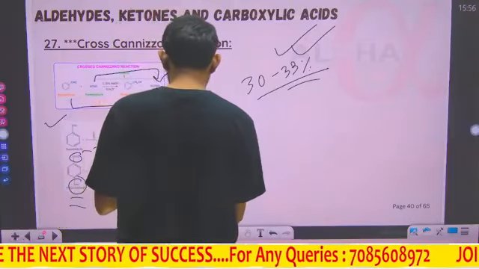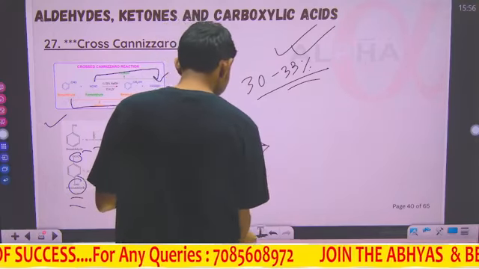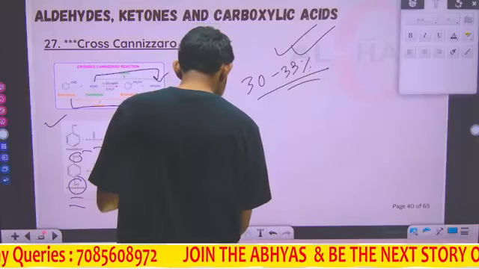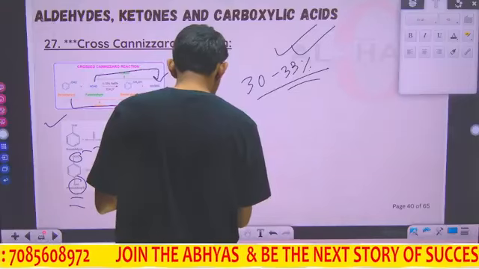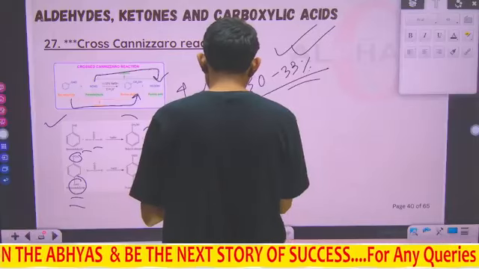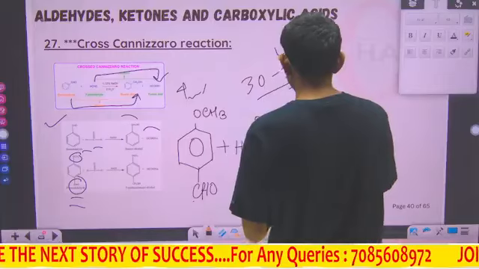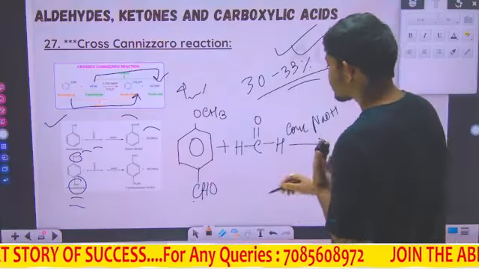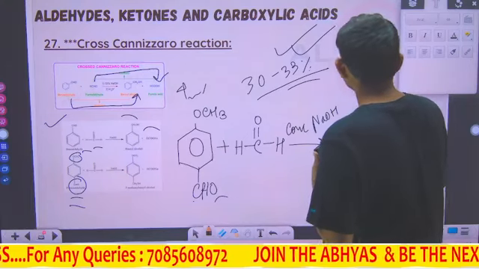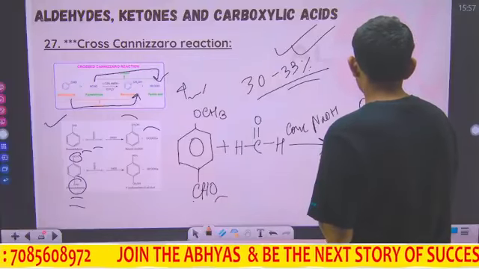With formaldehyde and concentrated NaOH, the CHO will be converted to your alcohol, with no effect on OCH3, and you get HCOONa, the carboxylate ion salt.